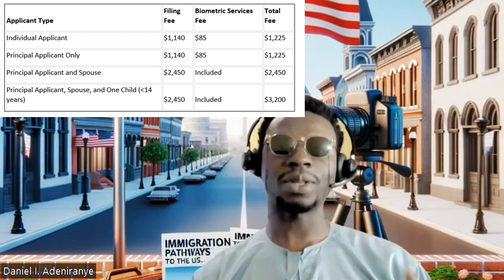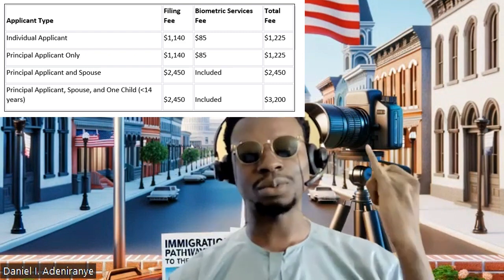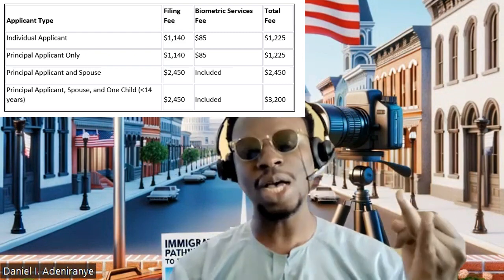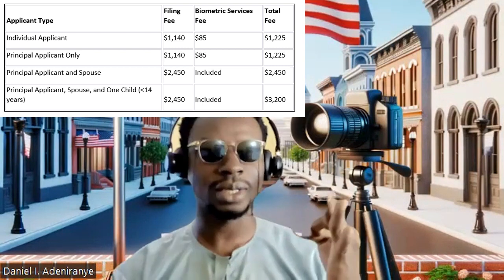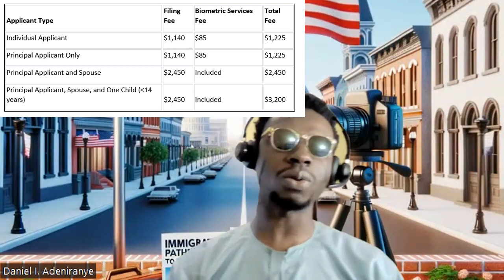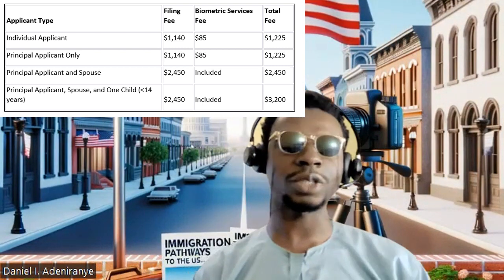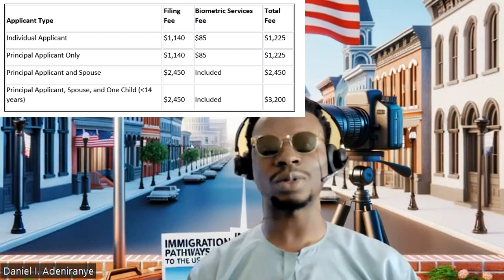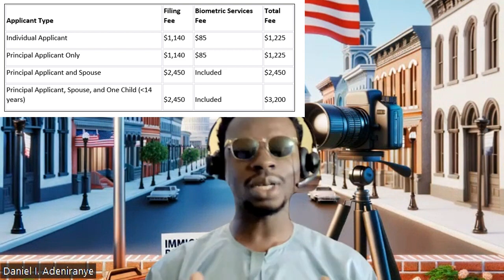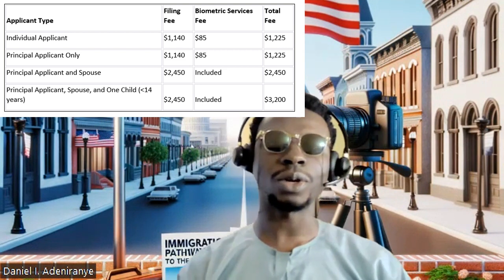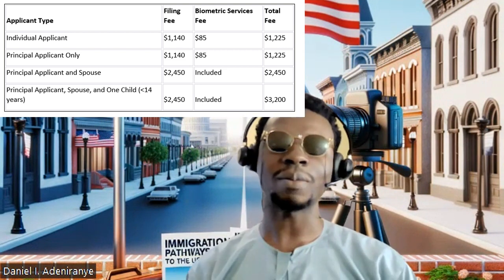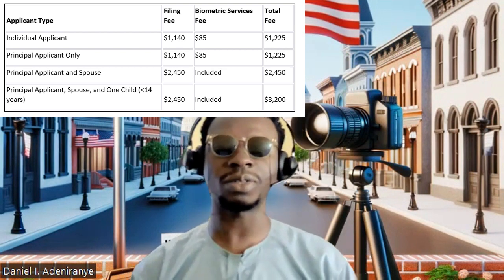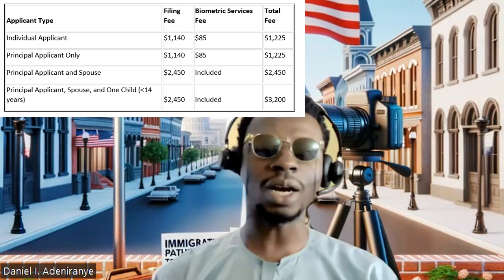Now, for an applicant, let's say the principal applicant, the spouse, and one child that is under 14 years old, for example, you should expect to pay about $3,200, and that will be the $2,450 for you and your spouse, plus an additional $750 for the child.